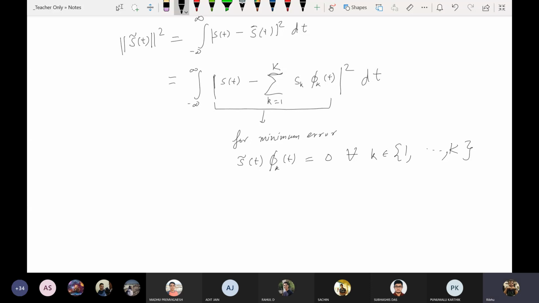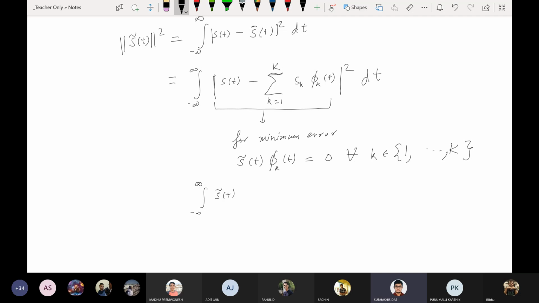This is what we called the principle of orthogonality in the previous classes. Shouldn't we be using the inner product?